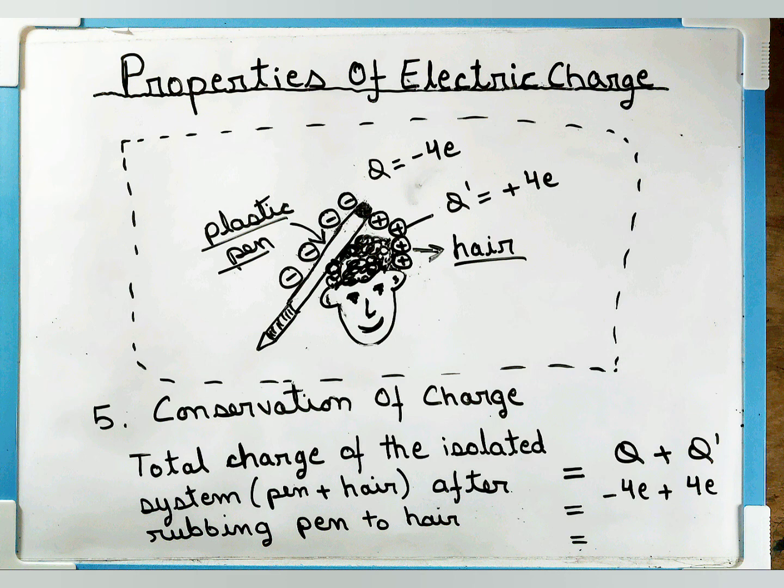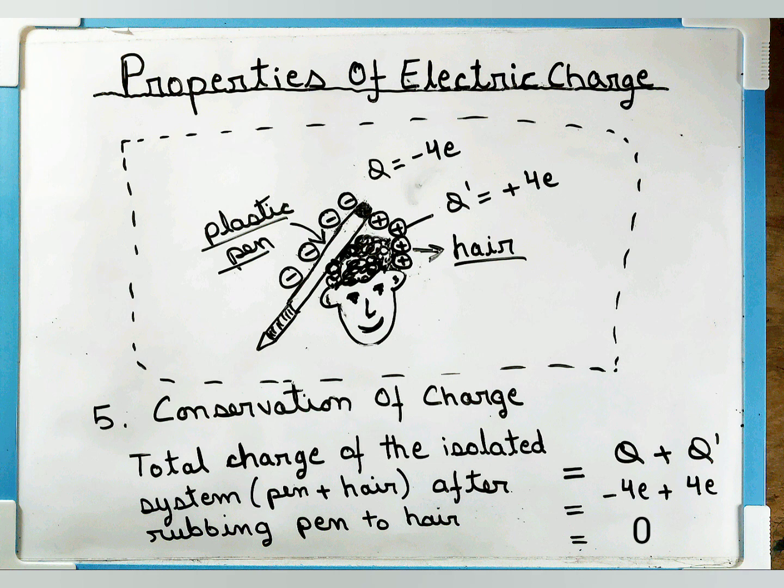And again we use the additive nature of charge: the net charge of the system can be found by adding these two charges, minus 4e and plus 4e. This will give you 0. So the charge of the system after rubbing is also equal to 0.